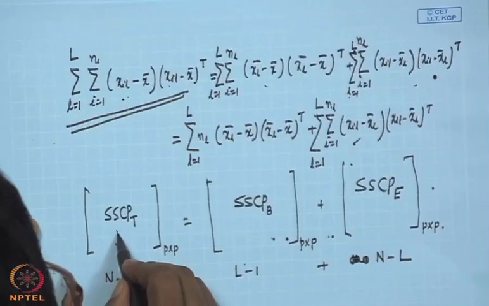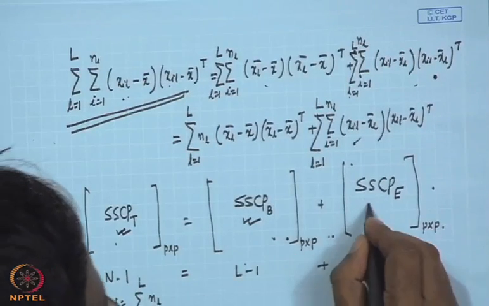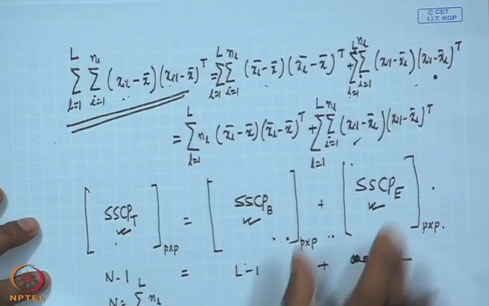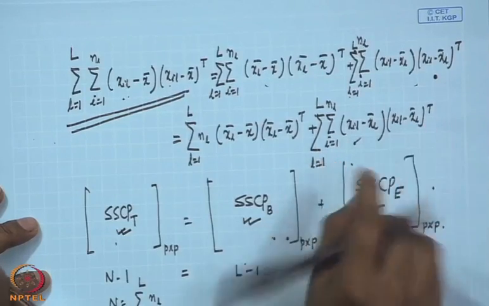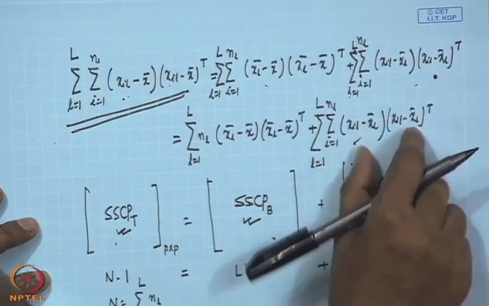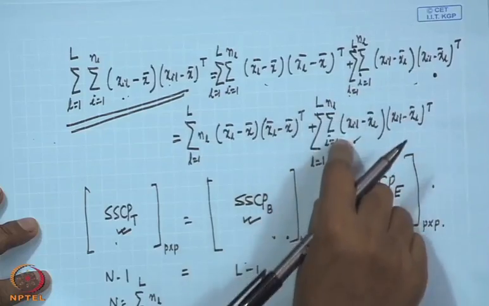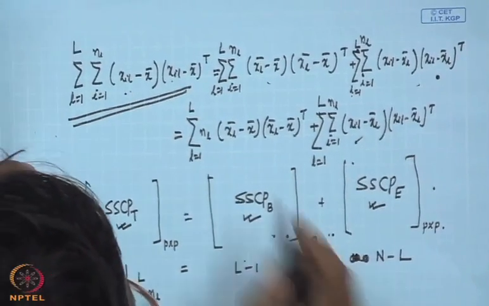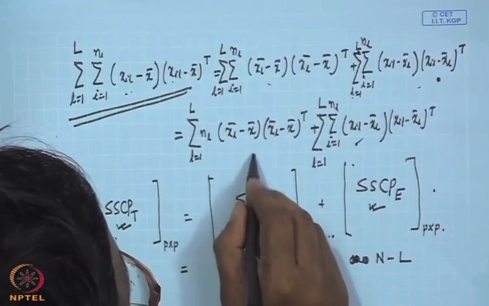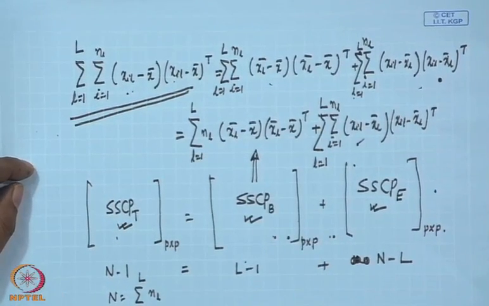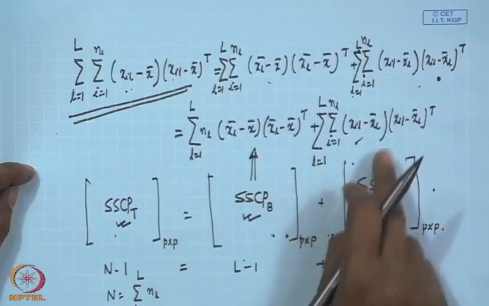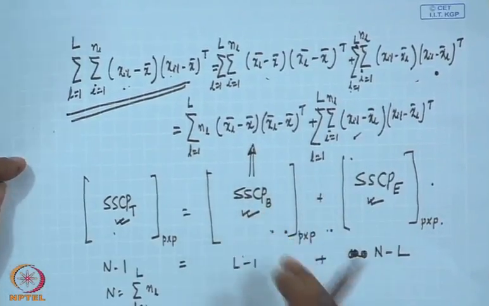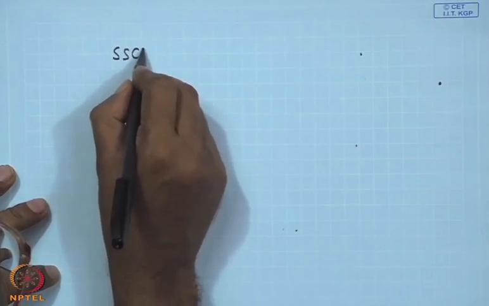So, when you need to calculate SSCPT, SSCPB and SSCPE, it is really difficult. You see that in terms of matrix, transpose, then one sum over a second sum and like this. So, from a computation point of view, SSCPB is a little easier than the other two. So, first you compute SSCPB using this formula, absolutely no problem.